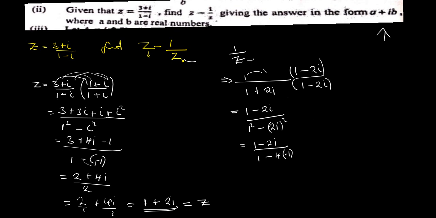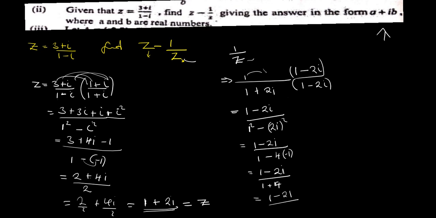So now this will be what? 1 minus 2i over 1. What is the negative times there? That will be positive. Now what? 4. So that will give us 1 minus 2i over 5.